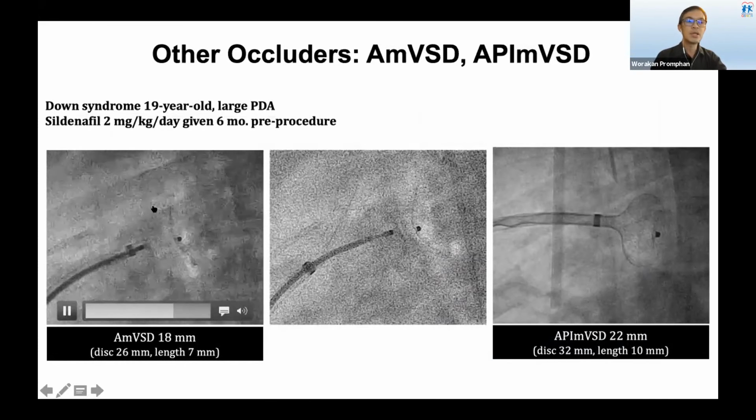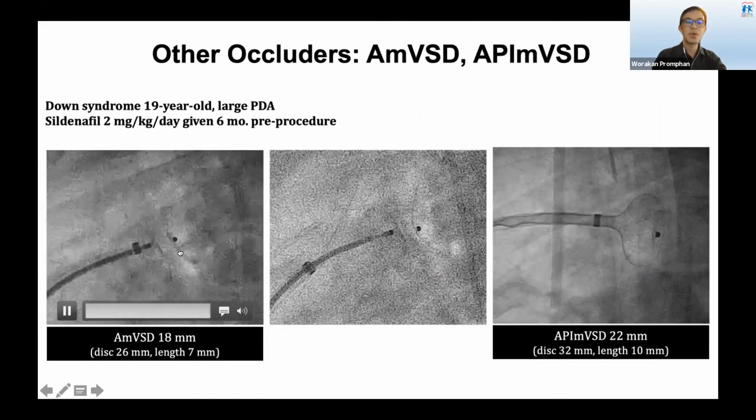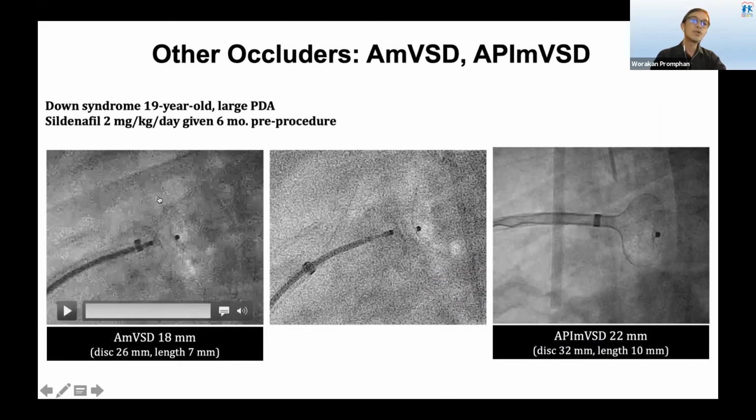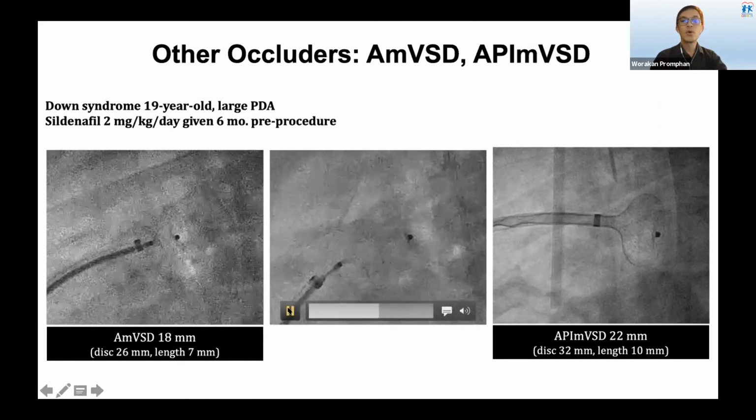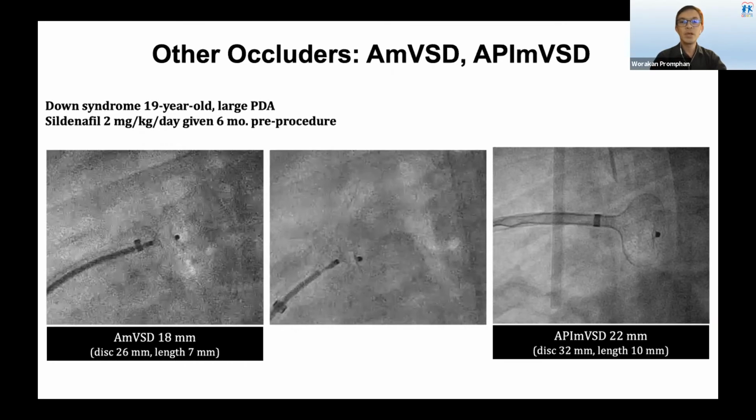So initially it started with the muscular VSD device, but it's not that long in comparison to the length of the ductus, and also the waist. The disc here is a little bit borderline in terms of the grasping of the ductus, which is very high flow. So when we try to do the wiggle, you can see that the device is completely back into the pulmonary artery.